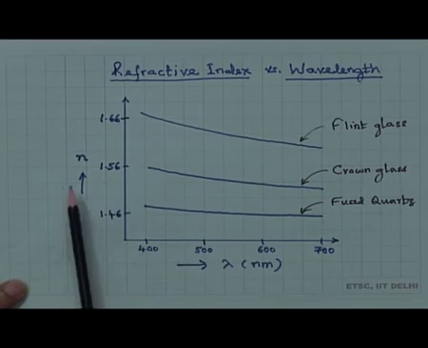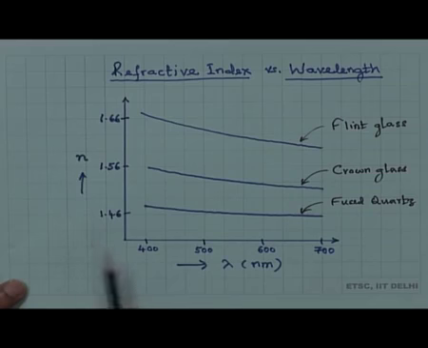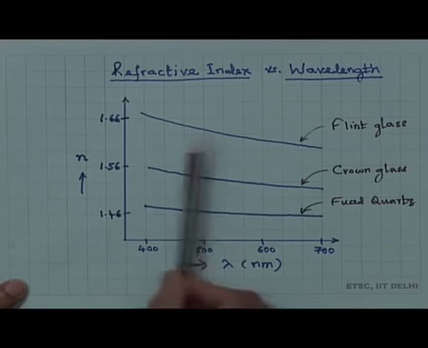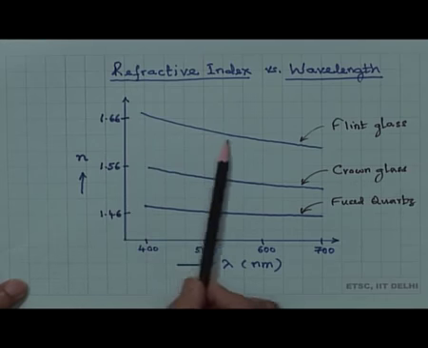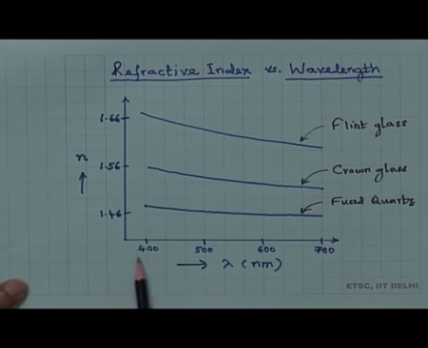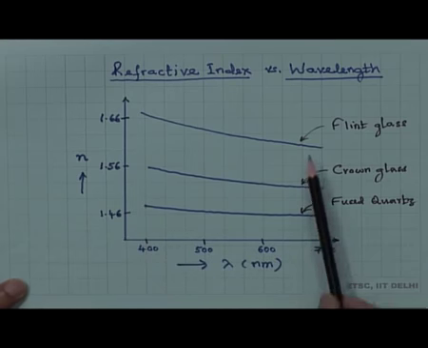We can see here refractive index n versus wavelength. In all cases, n is continuously decreasing as wavelength is increasing. So, the refractive index decreases with wavelength for all the three materials.